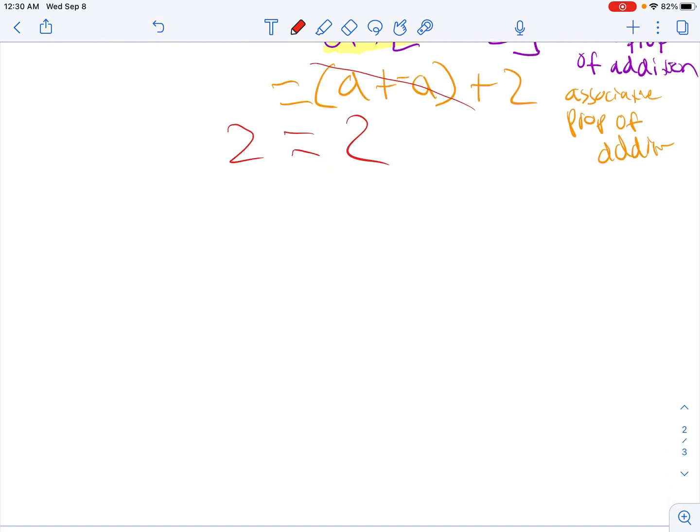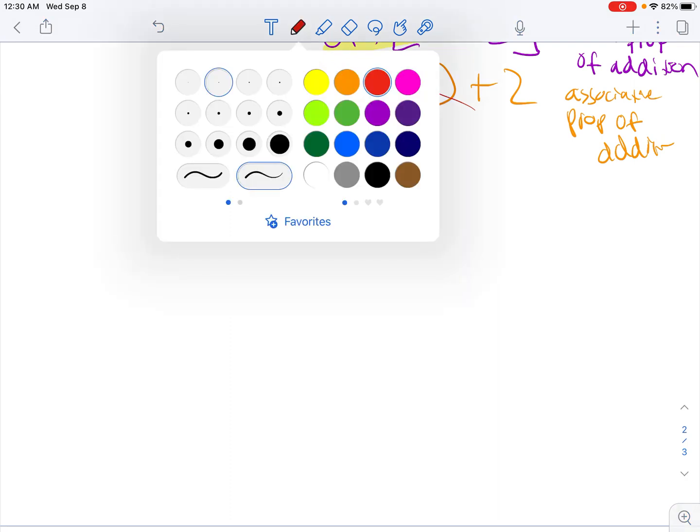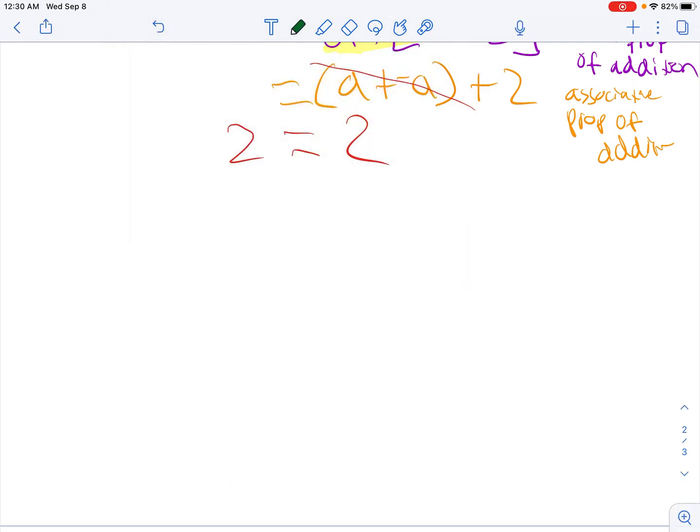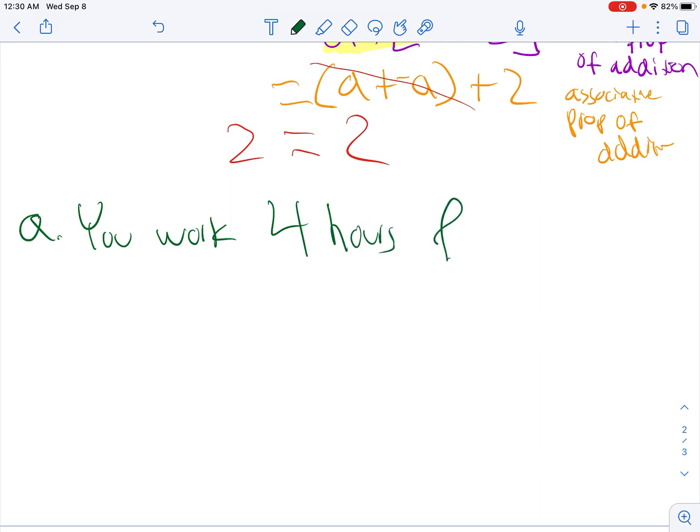Another thing is unit analysis, okay? So again, changing up unit rates. So let's maybe do an example or two here. If I was looking at the problem, okay? So let's say you work 4 hours and earn $36.